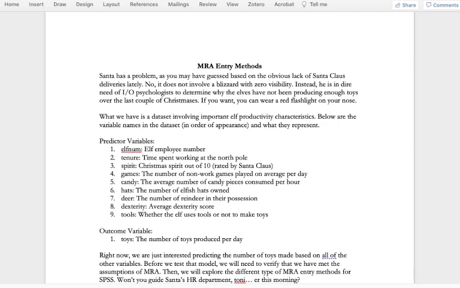Our data set gives us essentially a bunch of information about the elves, and we want to figure out if, using this information, we can figure out how many toys they are going to produce. So are we able to predict the number of toys that they produce using these predictor variables?